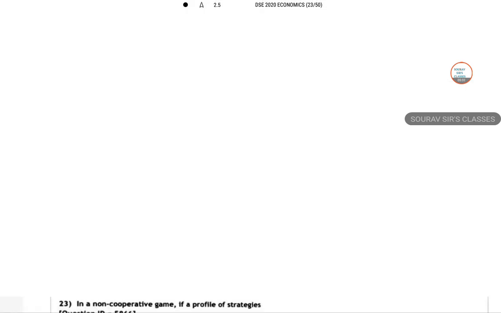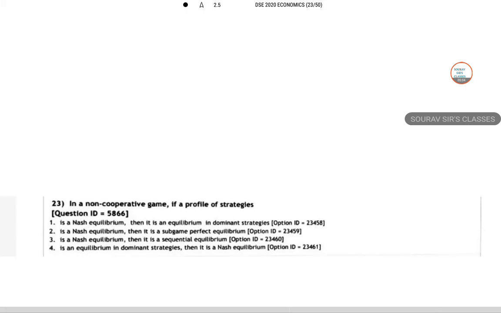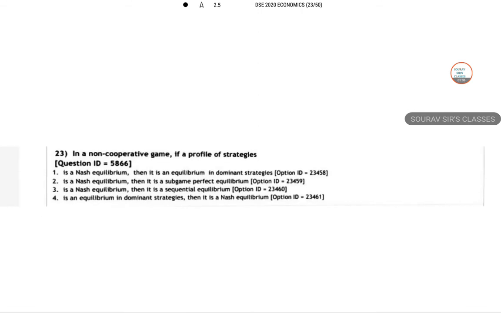Next, in a non-cooperative game, a profile of strategies. So what is this? In a non-cooperative game, the joint structural framework is not attained.